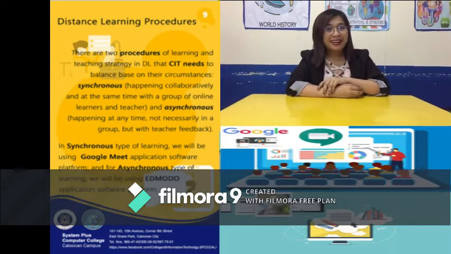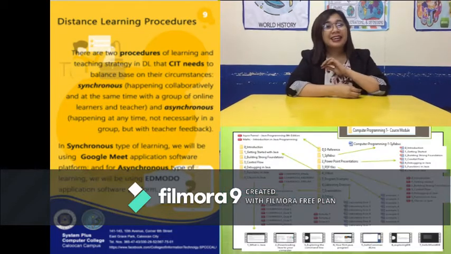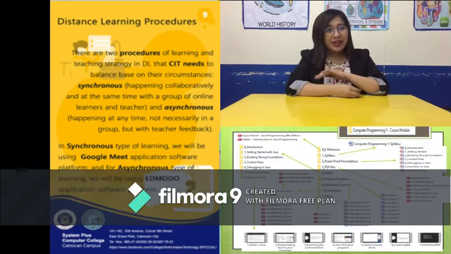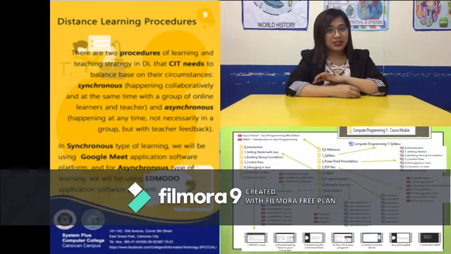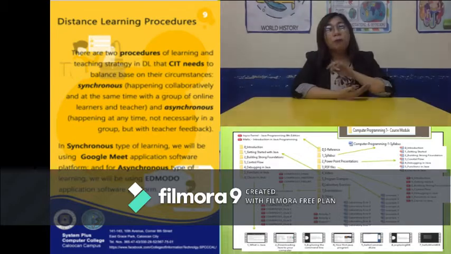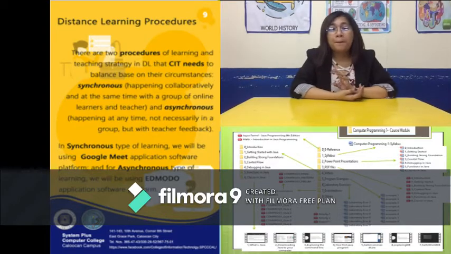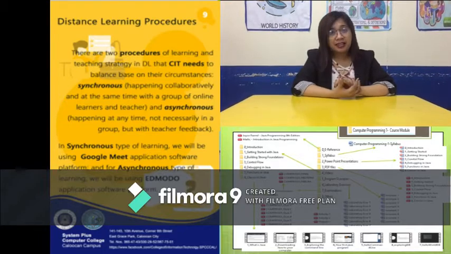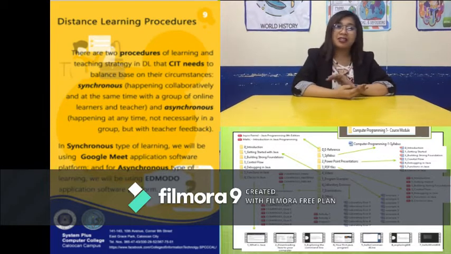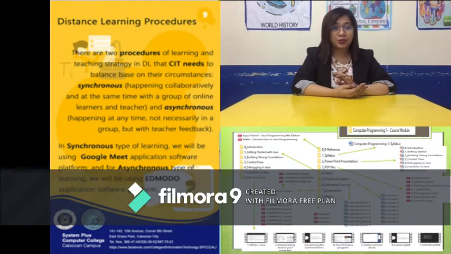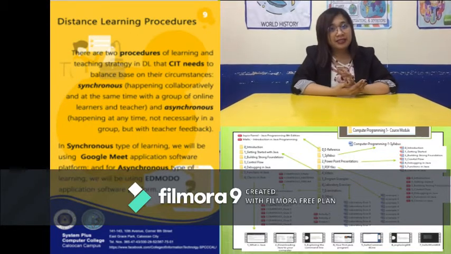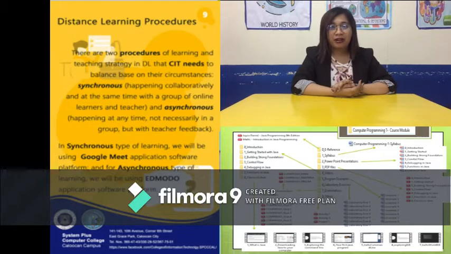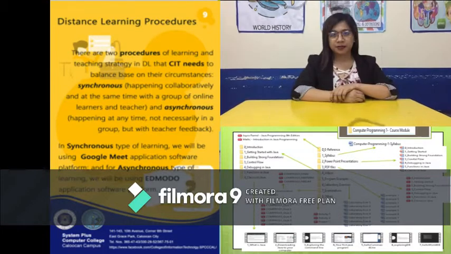And then the other one is asynchronous. It is a type of learning wherein the students can access the materials anytime and anywhere. Most of us call it modular, meaning these are the activities, the lessons, the quizzes, or even the exams that teachers will be providing for the students, which they can access depending on their availability.